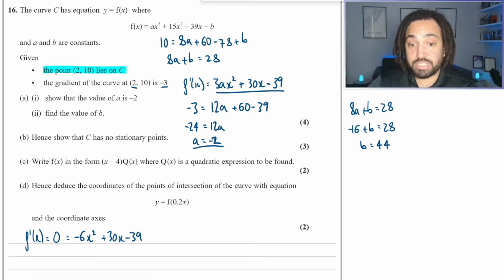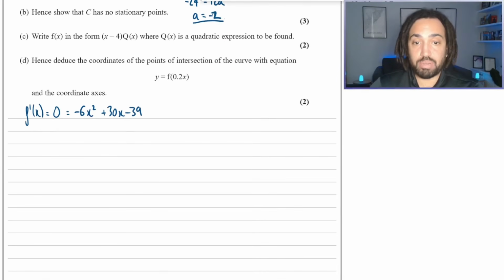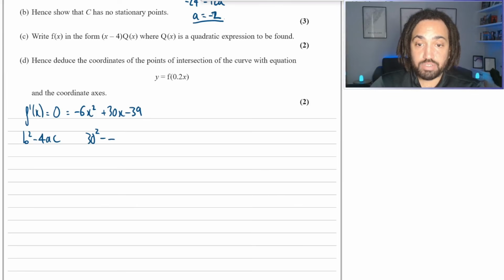So we need to show this has no solutions, so we would do that by looking at its discriminant, so the b squared minus 4ac. So that's 30 squared minus 4 times minus 6 times minus 39.